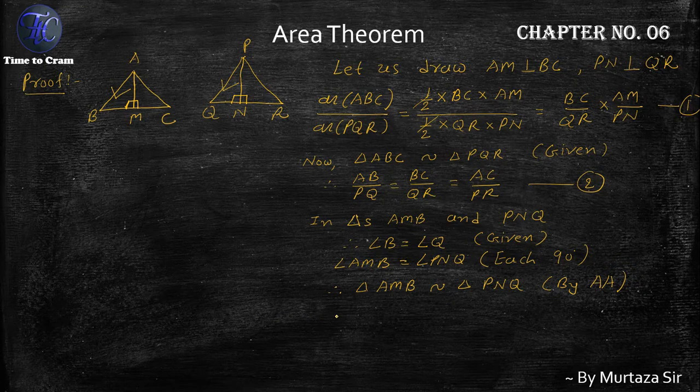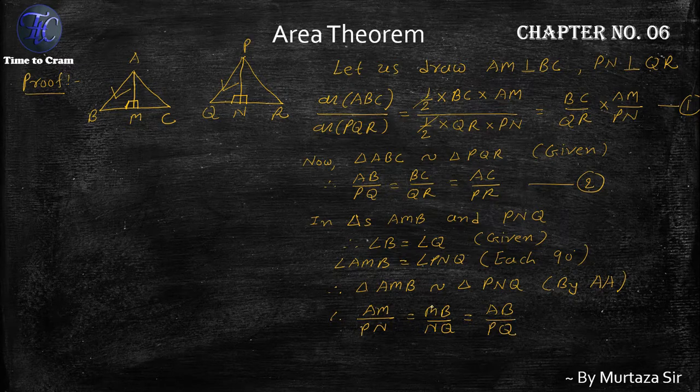Using them again we can make the ratio, because we have two similar triangles. So AM upon PN is equal to MB upon NQ is equal to AB upon PQ.